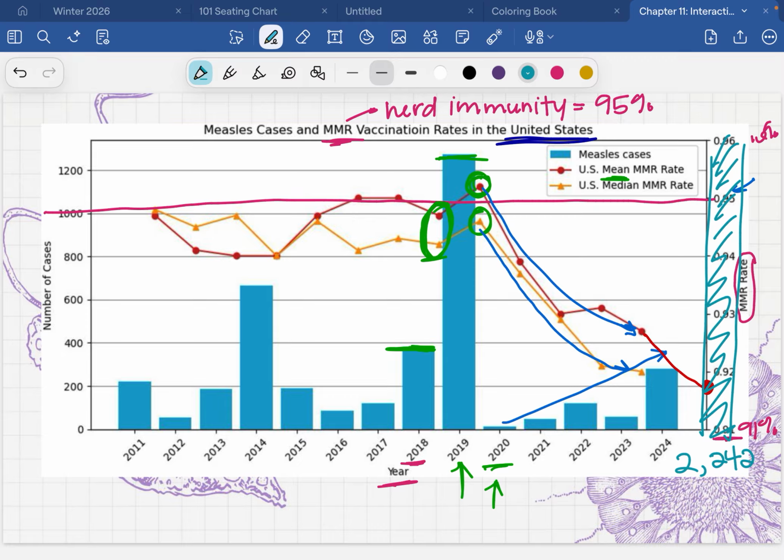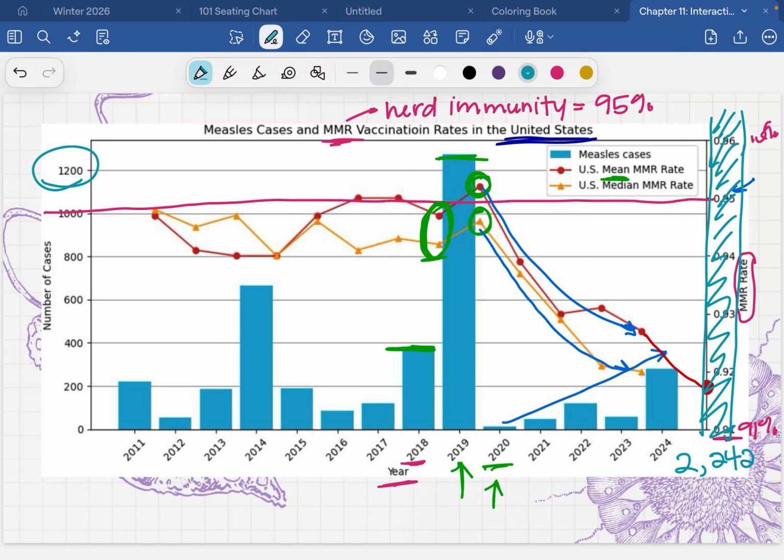So far in the United States in 2026, I think as of January 13th, 2026, there have been 171 cases. So 2 weeks into 2026, there have been 171 cases. We are on track to have an increase again this year. And I want you to realize that, again, this 2,242, the top of this chart is 1,200.